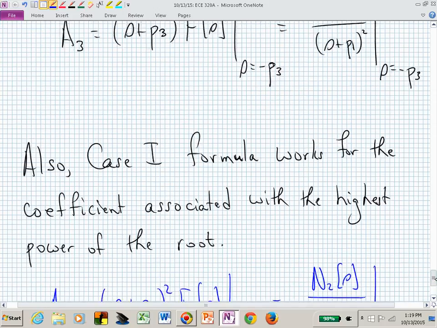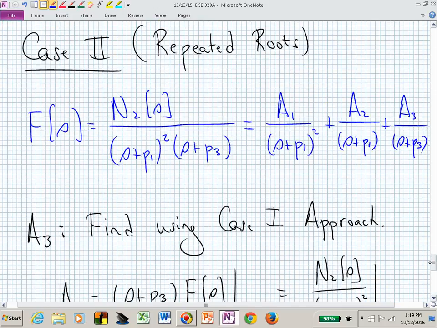We now have 2/3 of those coefficients found. We found a1 and we found a sub 3. Now we need to find a sub 2.